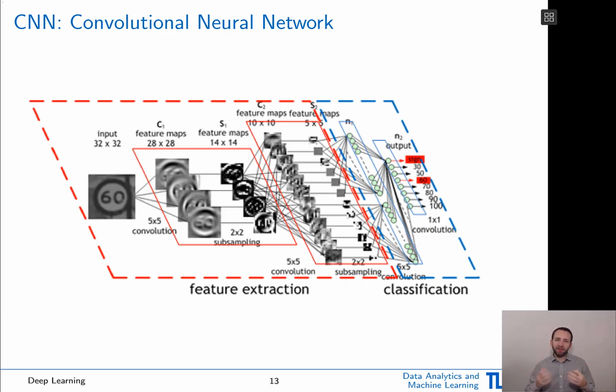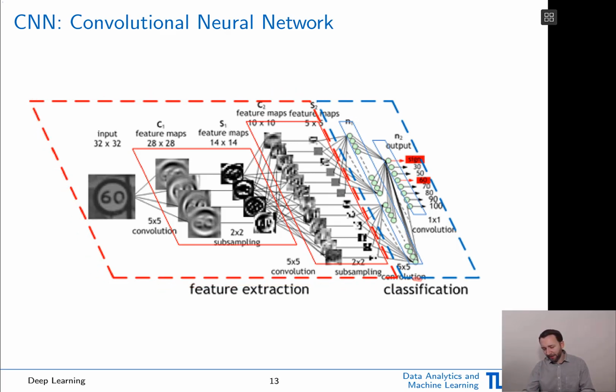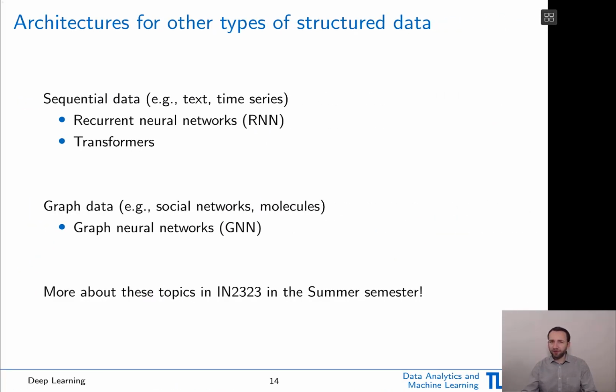Where we generalize logistic regression, in some sense, you can think that this first part is doing some kind of feature extraction. We learn a nice representation of images, which is informative. And then at the end, we're doing a standard classification, so to say, a logistic regression on the learned features, for example. So these are convolutional neural networks.